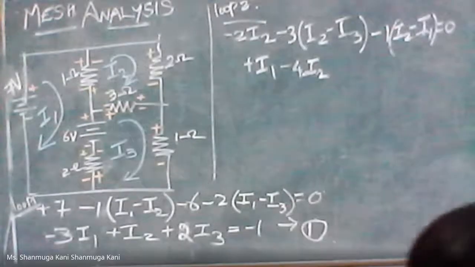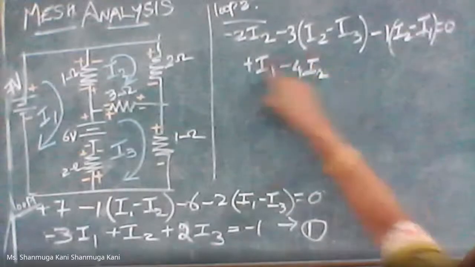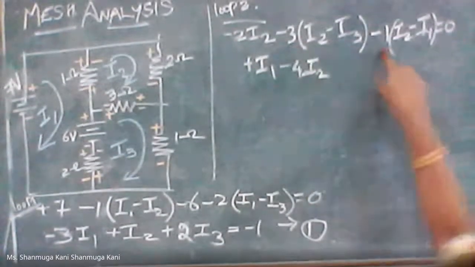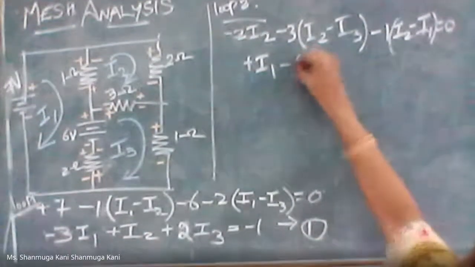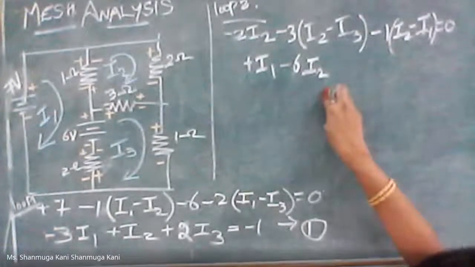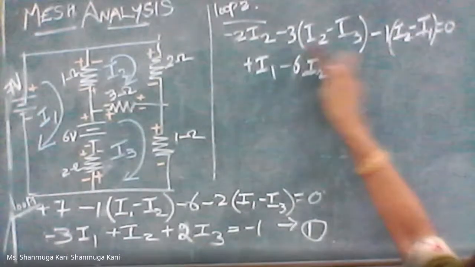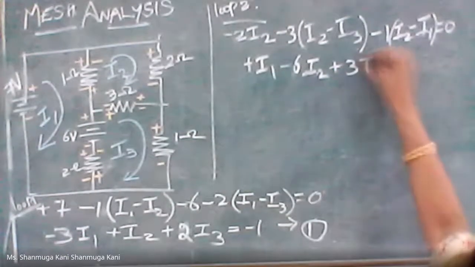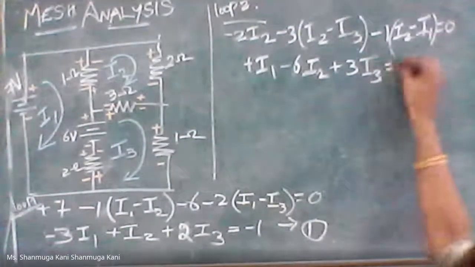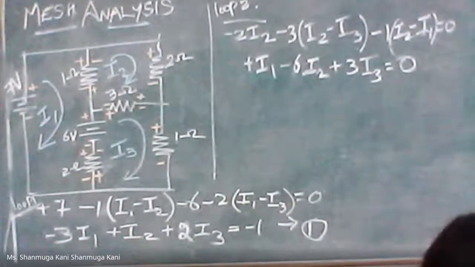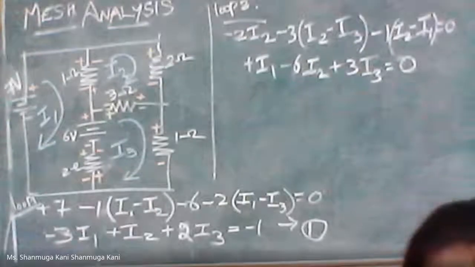Next equation: I2, minus 2 minus 3 minus 5, so it is minus 6 I2. Then I3: minus of minus, plus 3 I3, equal to 0, since there is no voltage source, right?